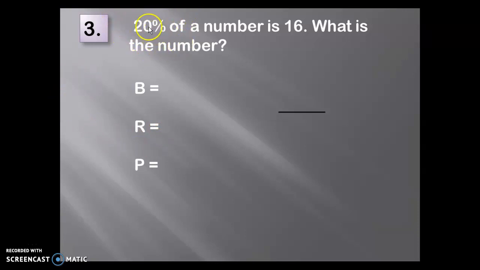Is this the rate, the base, or the percentage? If you answered rate, you are correct. It has this percent sign, which is already a giveaway. And then, 16 is your percentage. It comes after the word is. And so, we're looking for the base.